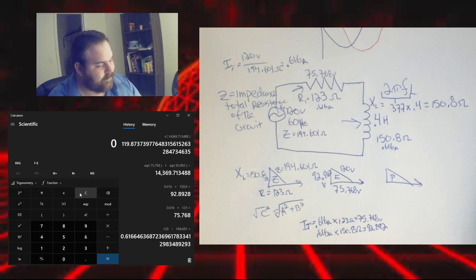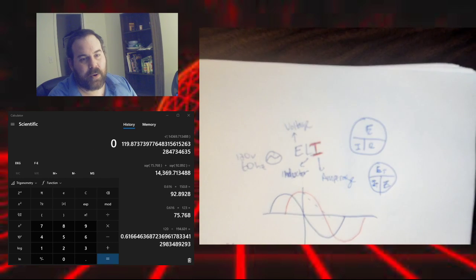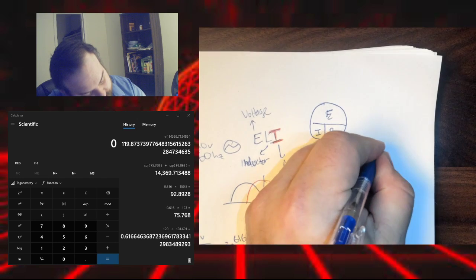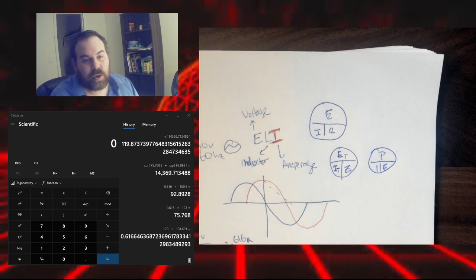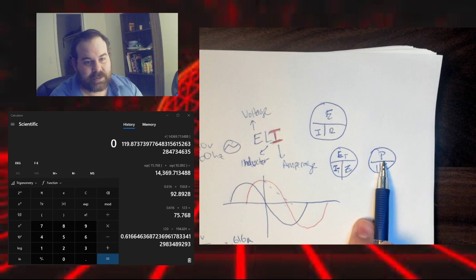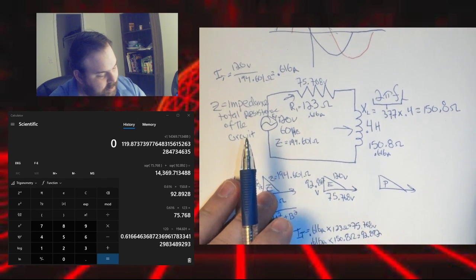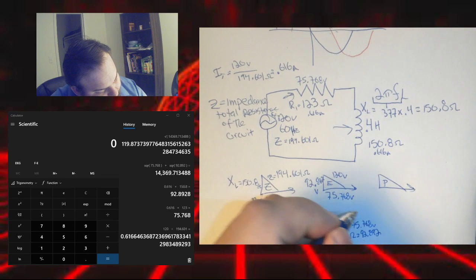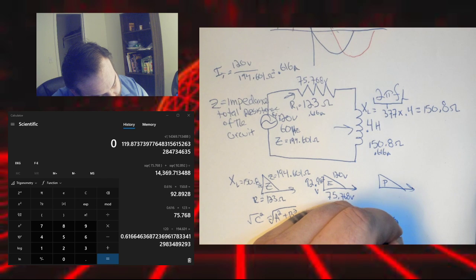All right, now we go on to our next power wheel, which is the pie wheel, P-I-E. We're going to do voltage times the amperage. Voltage times amps will give us power, and that's our last triangle, our power triangle. So we're going to multiply these by 0.616 amps as well.